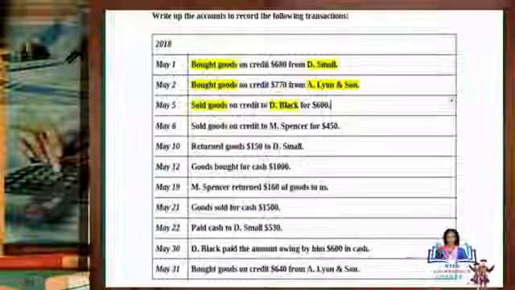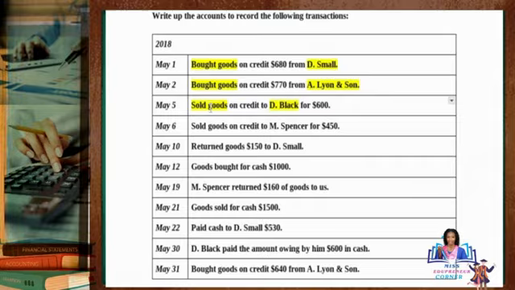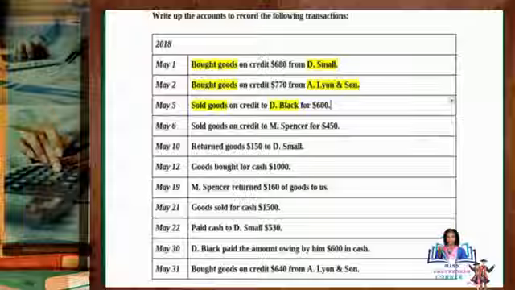So goods is leaving the firm and going to our customers or our debtors. We need to credit the sales account to show a decrease in stock, and then debit D Block's account because D Block is a debtor, and D Block now owes the business for these goods which he took on credit.